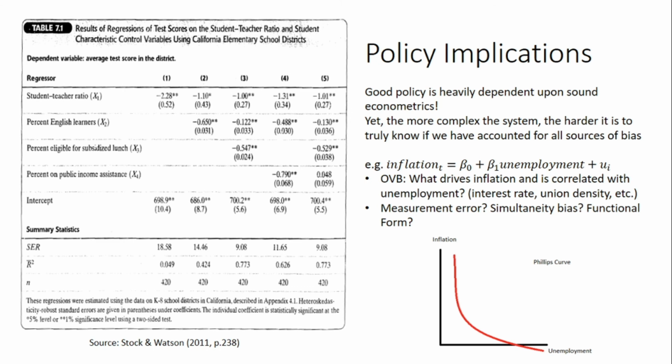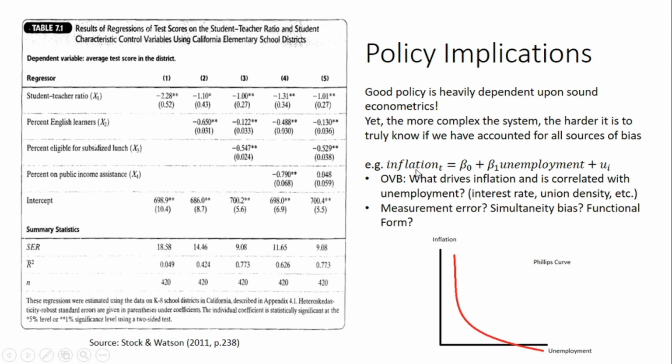If you start thinking about macroeconomies, international economics, perhaps more complex systems, then it's harder to know if you've accounted for everything. For example, here we have the Phillips curve, the relationship between inflation on the y-axis and unemployment. This is definitely very important from a policy-making perspective.